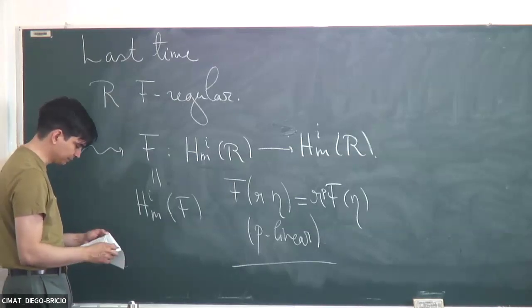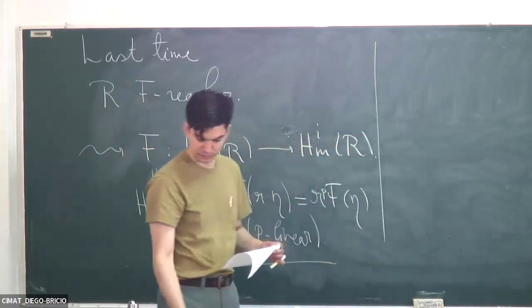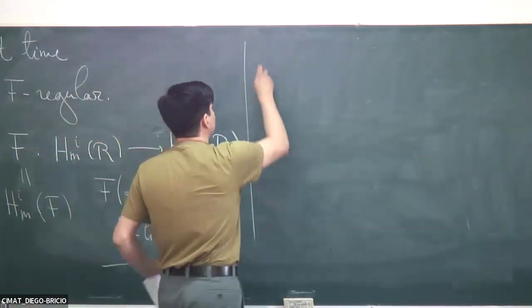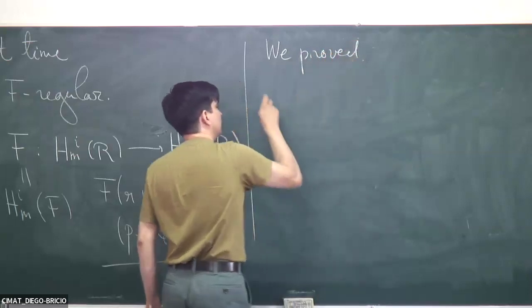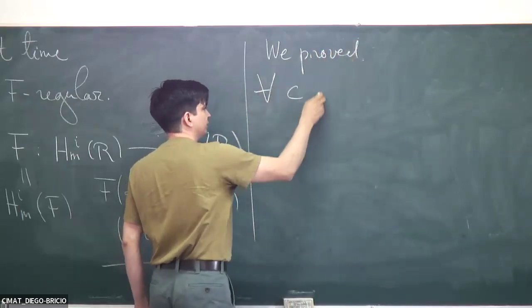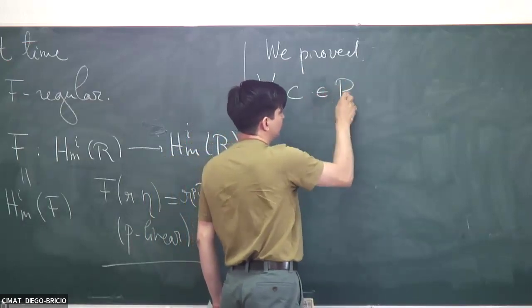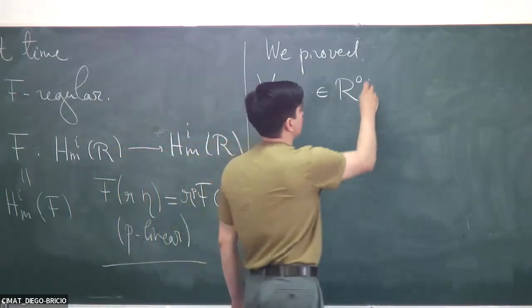So we look at that, and so we prove, the other day we proved that for all c, let me put R circle. This just means avoiding all minimal primes.